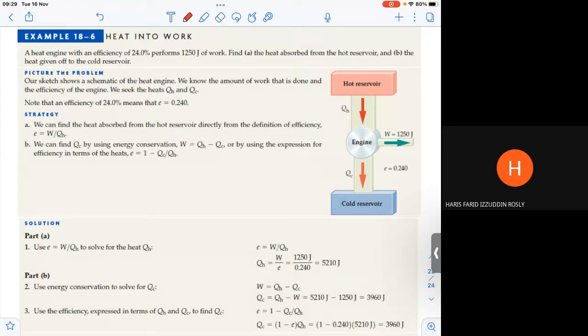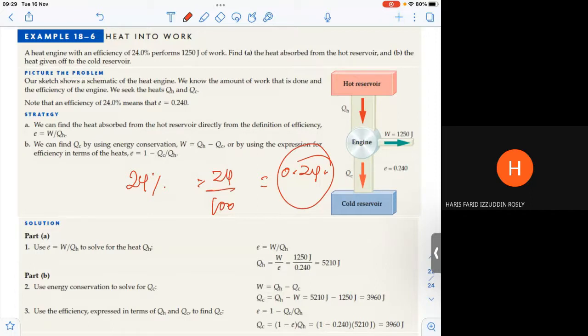Now for example, you have 24% efficiency. That means 0.24, because 24% means 24 divided by 100, or 0.24. Find the total heat. E equals W over QH, using the efficiency.